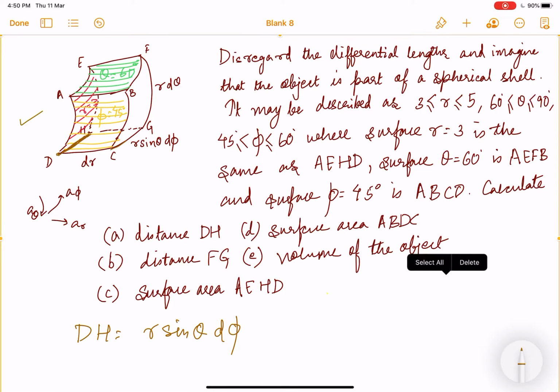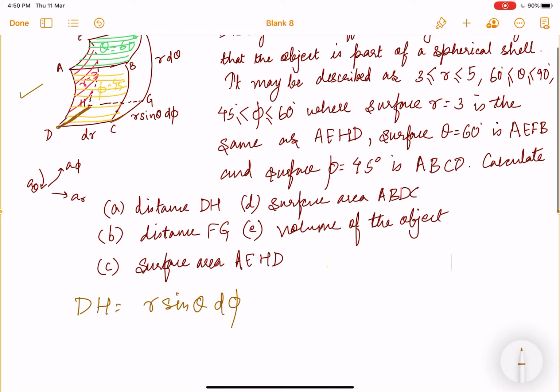So for my DH, R is fixed to 3 and theta is fixed at 90 degrees. And my phi is variable over here in the DH surface and it varies from 45 to 60 degrees. That's given in the question.